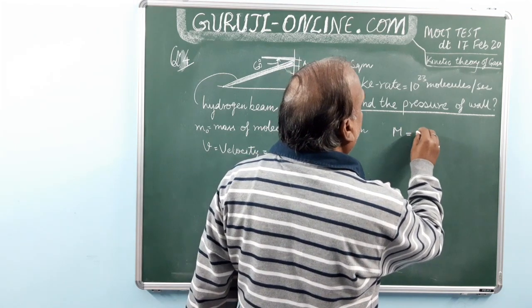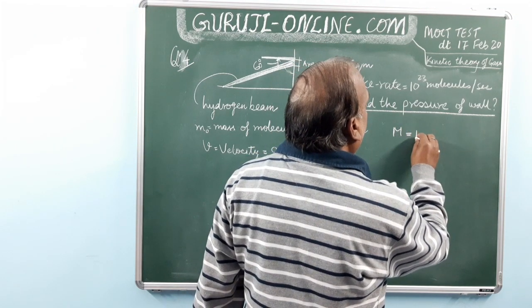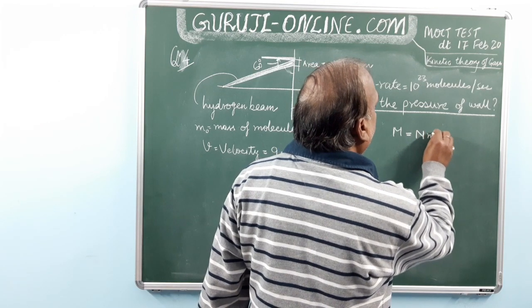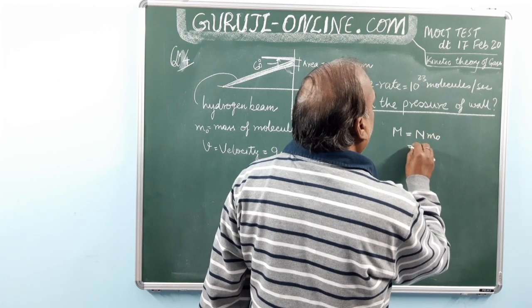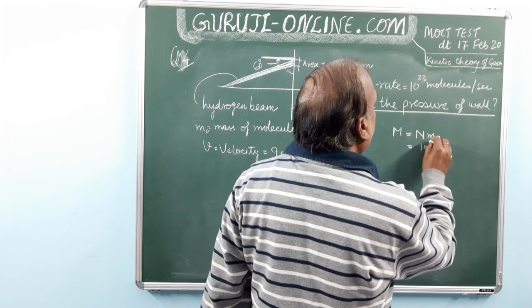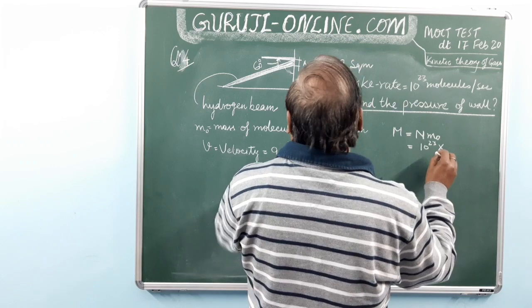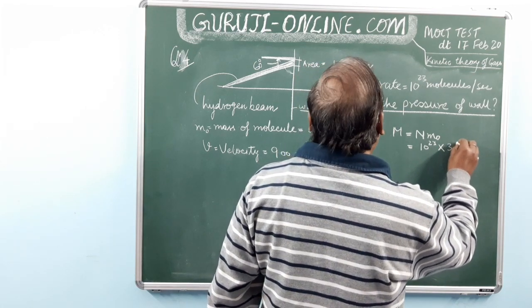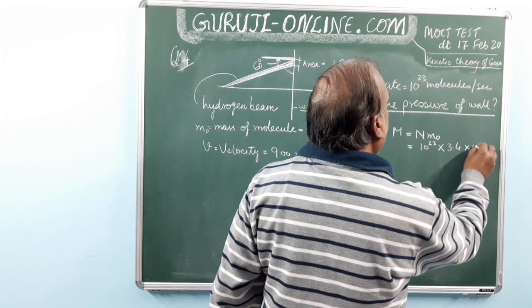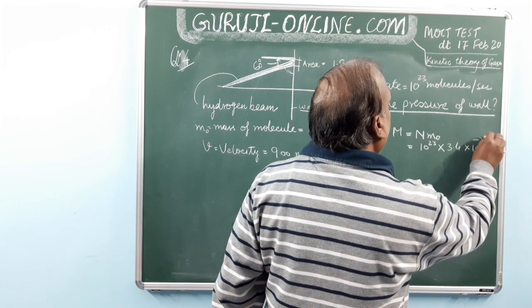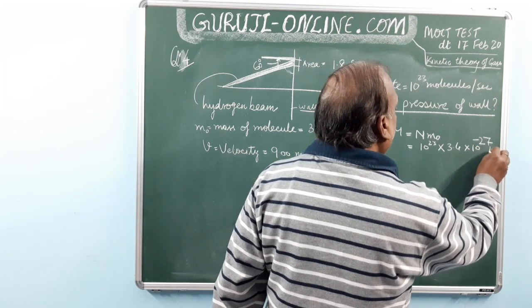So the total mass striking per second will be 10 raised to 23 into 3.4 into 10 raised to minus 27, basically in kg.